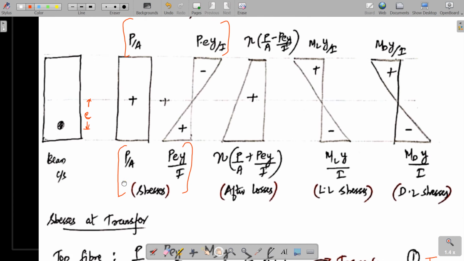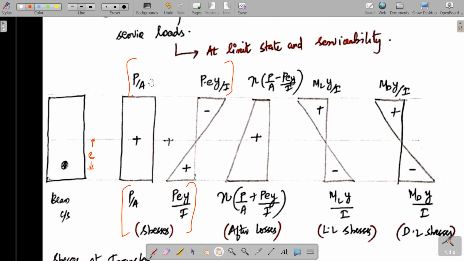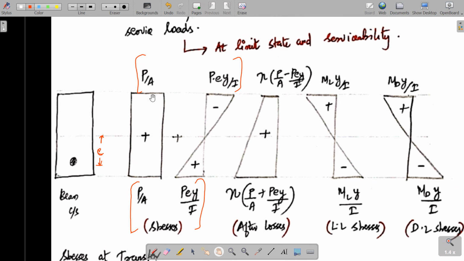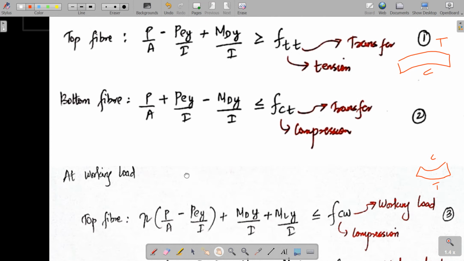We call the stress due to the pre-stressing force F superior at the top fiber and F inferior at the bottom fiber. That is, P/A - P·e·y/I is F superior, and P/A + P·e·y/I is F inferior.